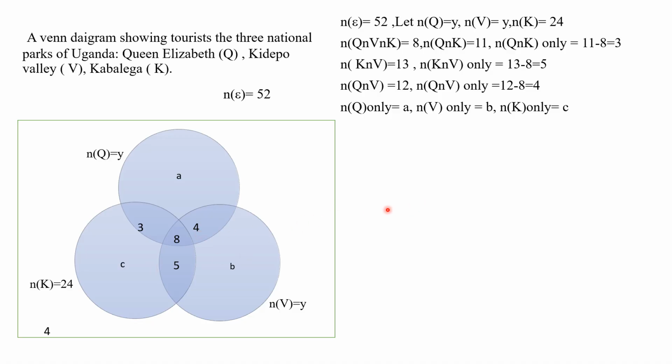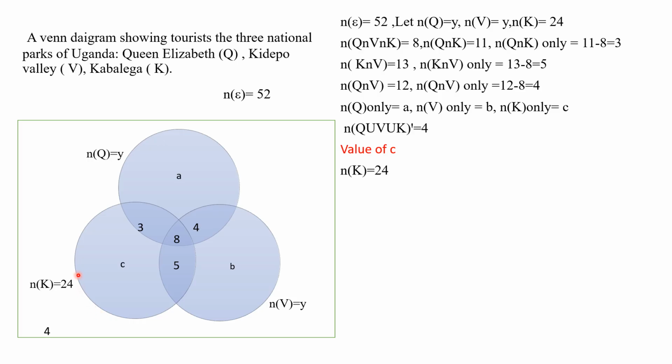So for that case, we are going to see how we can find the value of C, using this set K. 3 plus 8 plus 5 plus C is equal to 24. First of all, those who had visited Kabalega were 24. But what are those regions making up set K?